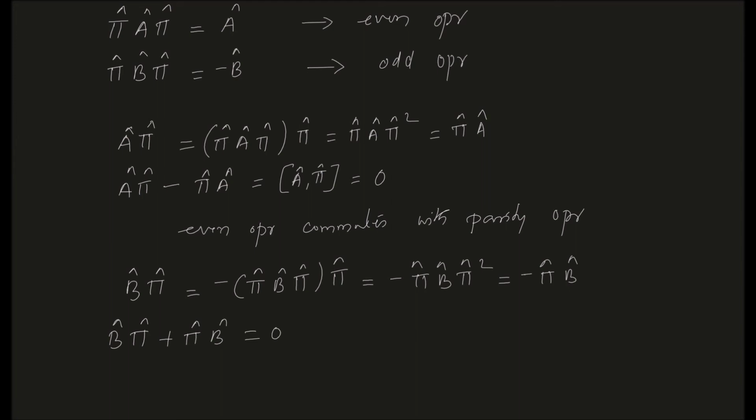It shows that odd operators anti-commute with the parity operator. They do not commute. Even operators commute with the parity operator, and odd operators anti-commute with the parity operator.